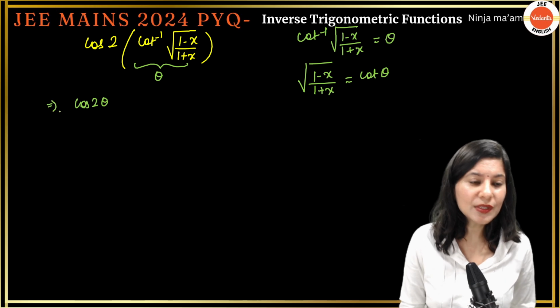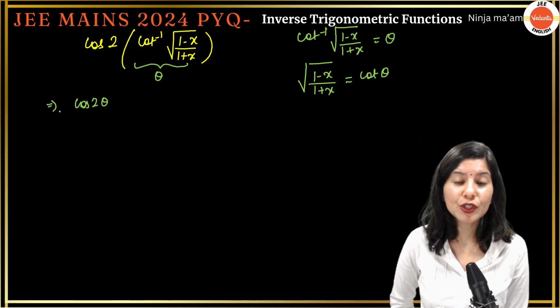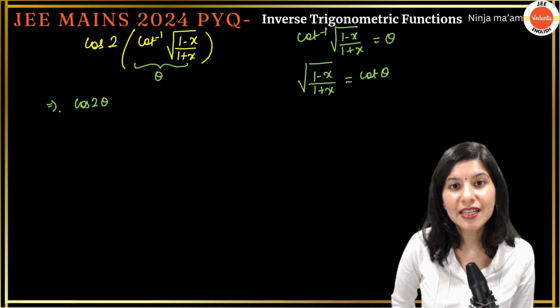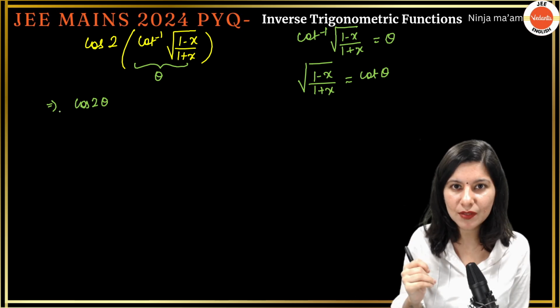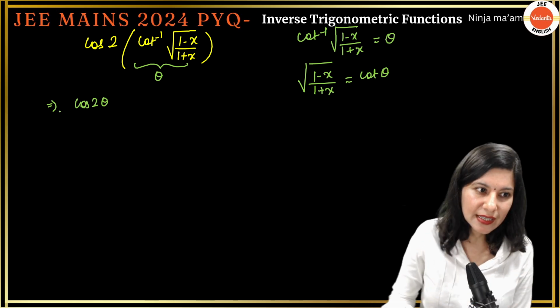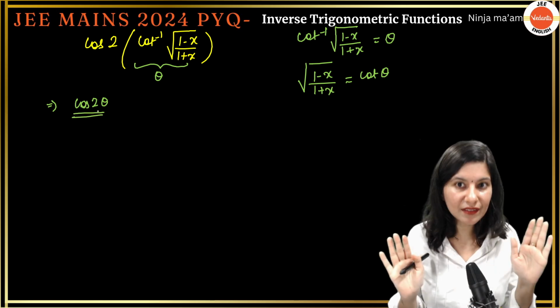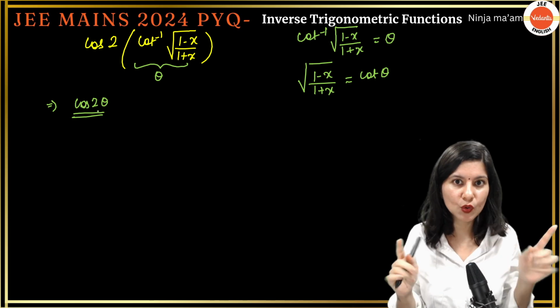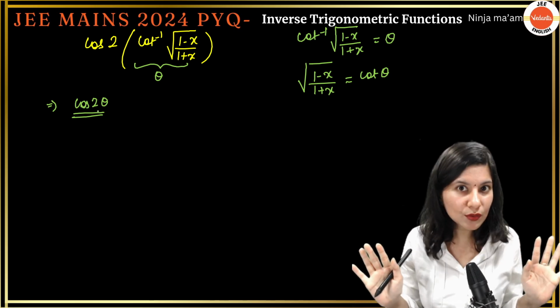Now this cos 2 theta, I have multiple formulas. Okay, cos 2 theta, what are those formulas? 2 cos square theta minus 1, but that will not help us over here because this cos 2 theta will again become cos, and now we are having this cot theta. No, again 1 minus 2 sine square theta is also not happening.